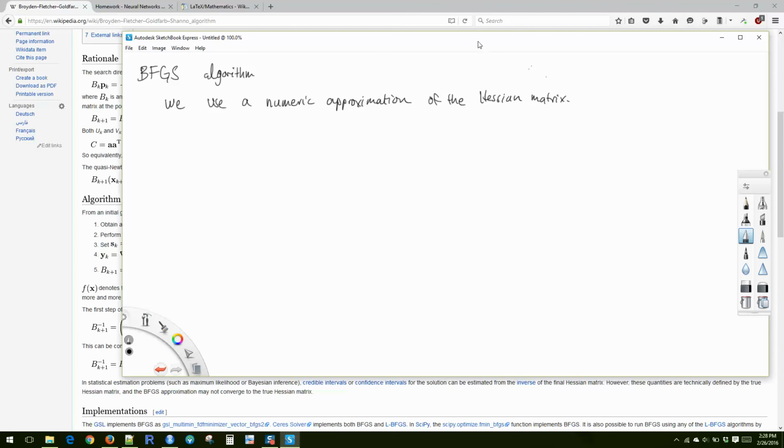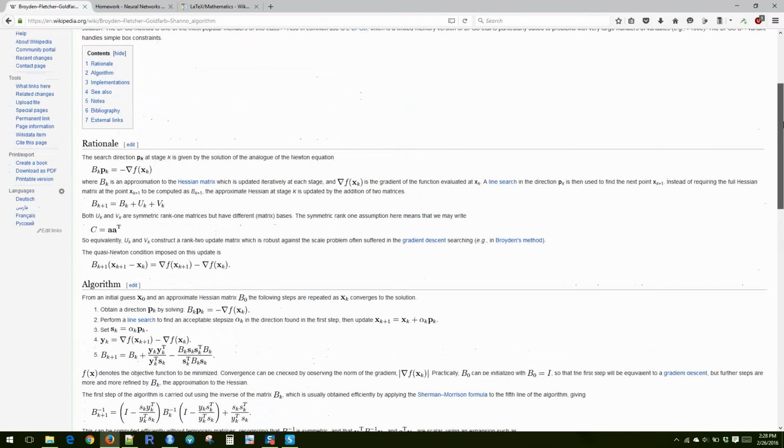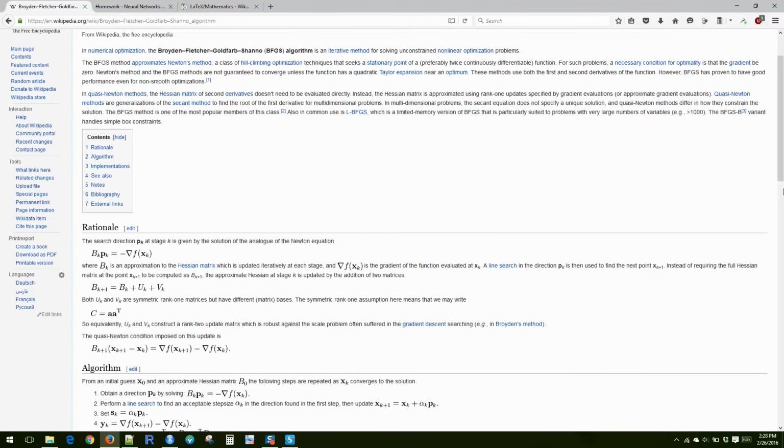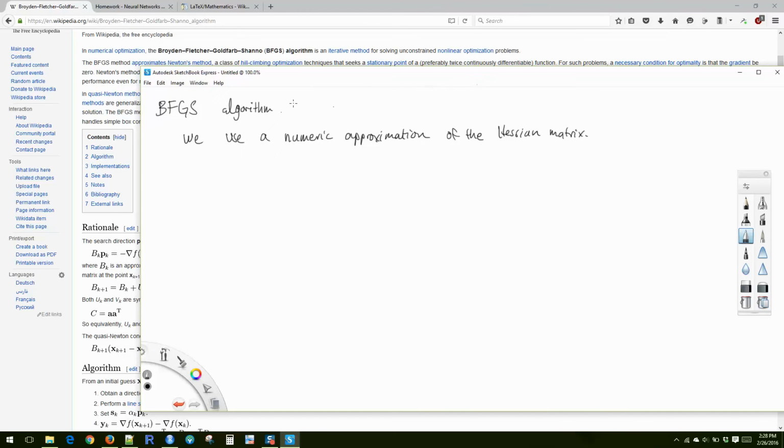This is called a quasi-Newton approach for our optimization. So the BFGS algorithm is like Newton's method, but without having to actually calculate the Hessian.